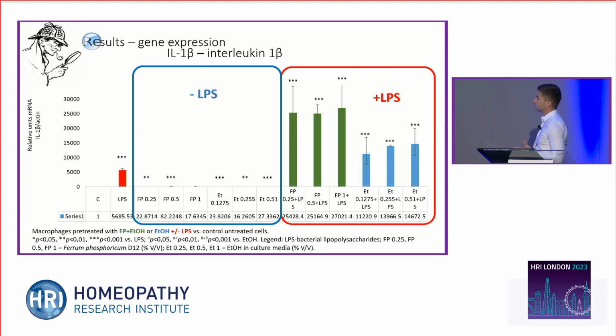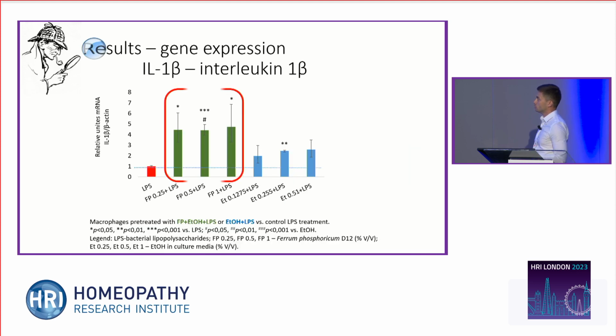You have the 3 same concentrations of ferrum phosphoricum in macrophages which are now challenged with bacterial lipopolysaccharides, and of course the treatment with ethanol control solutions, also in macrophages treated with bacterial lipopolysaccharides. If we recalculate the gene expression compared to the control LPS treatment only, here is the focus.